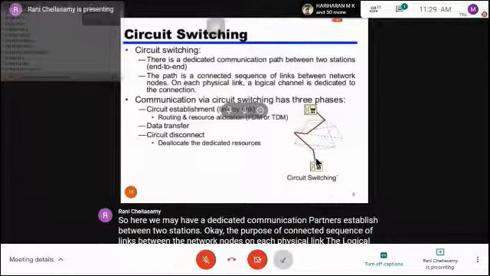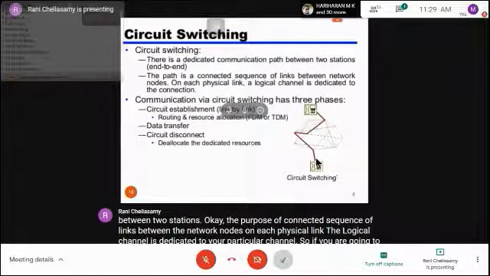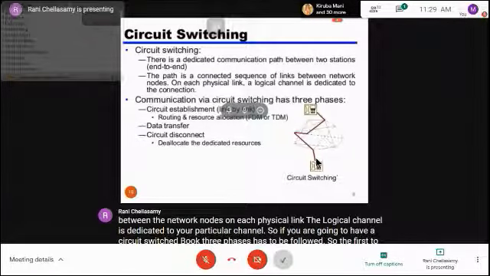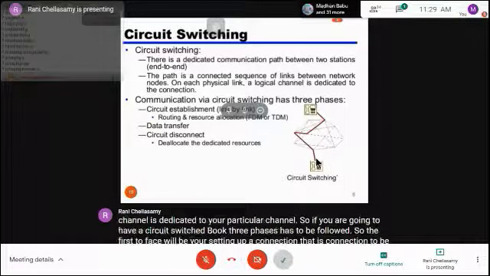The first phase is setting up a connection, that is, the connection to be established. The next phase is the transmission of data. The third phase is the disconnection or termination of the connection.